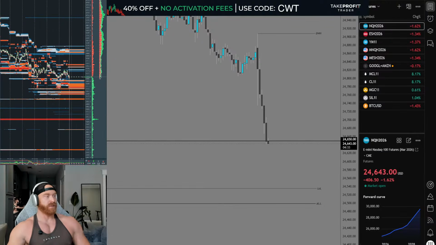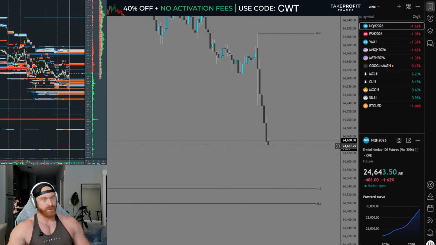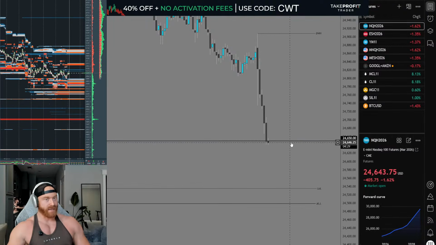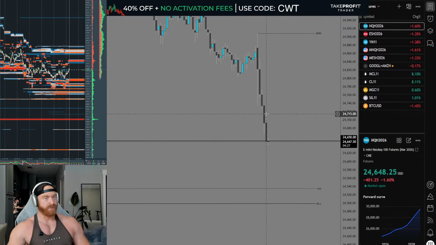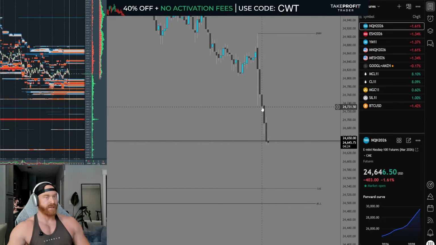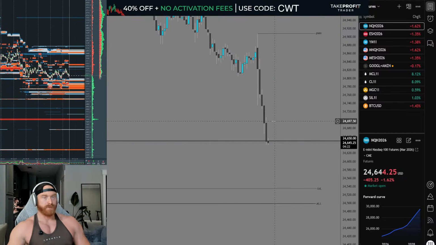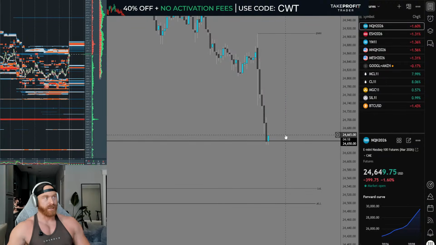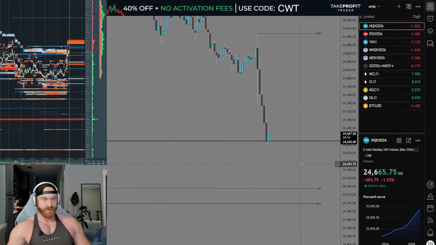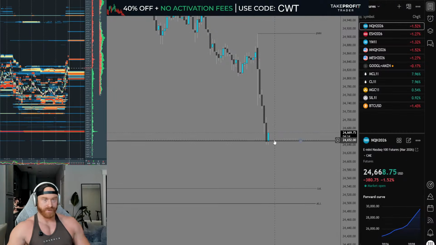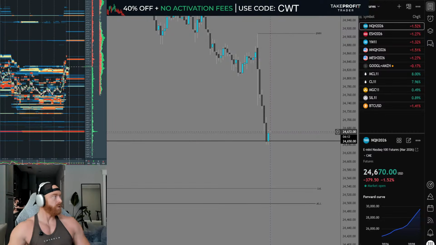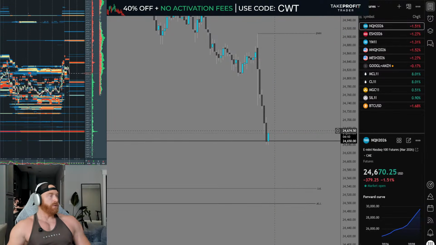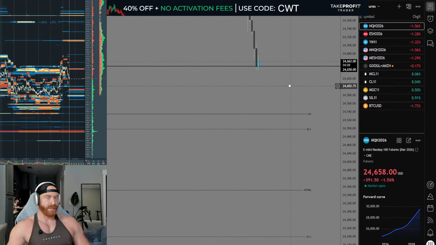And right now, it looks like we're going to continue to dump based on what I'm seeing on the Bookmap. This 650 level is what I had marked out. I was going to hold to there, but I cut my trade short around this level right here, because as soon as we hit that data wick low, we pulled back. But you see how price is rejecting right off of this 24,650 level. We still have more liquidity to the downside here.